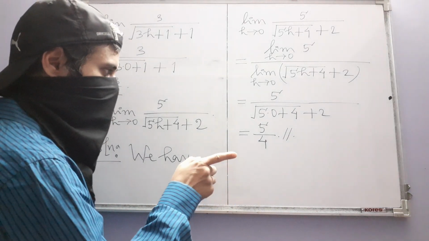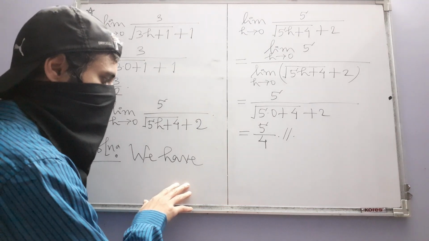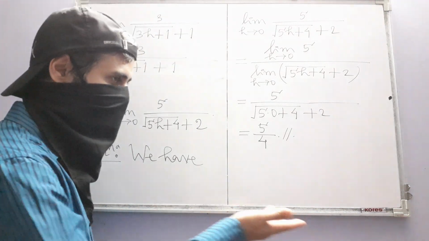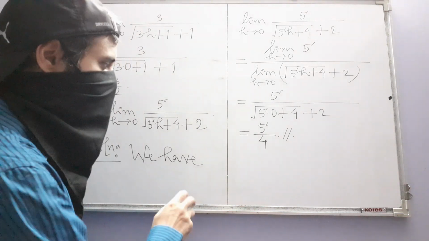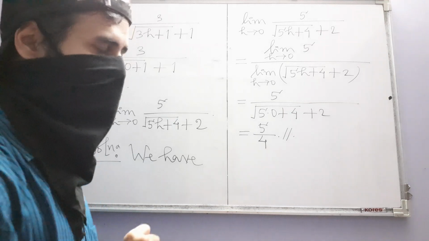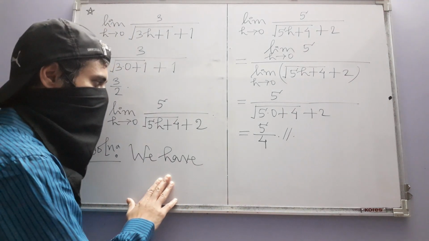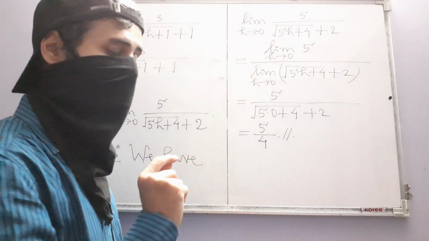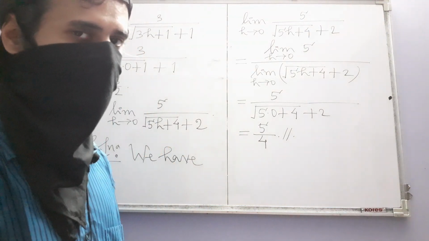So far we haven't got any, what can I say, we are going to get that in the next few sections, the actual mathematical definition of limit. But until we get that, these calculations, truly speaking, are not justified.